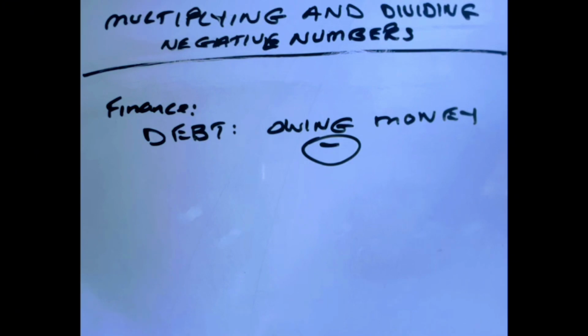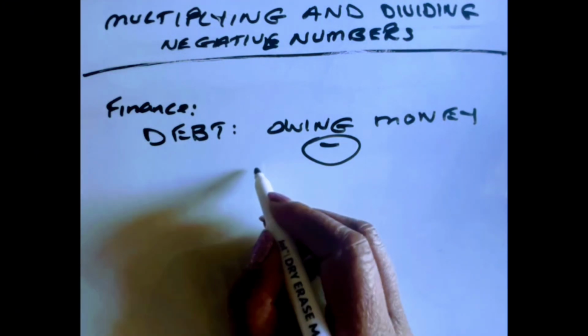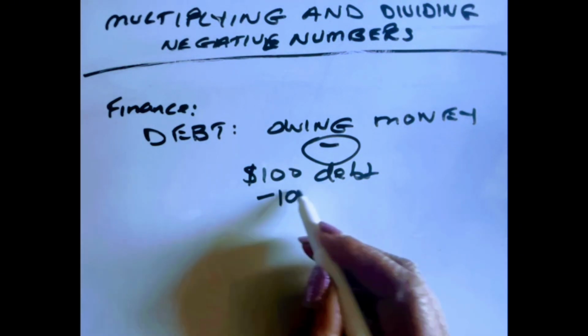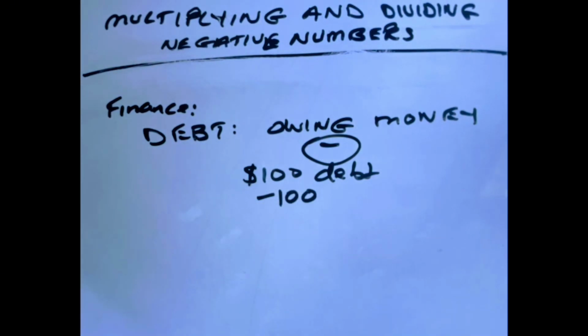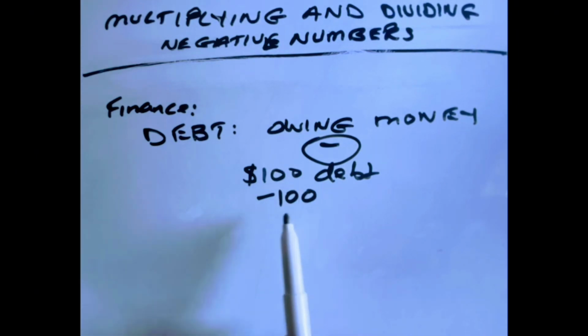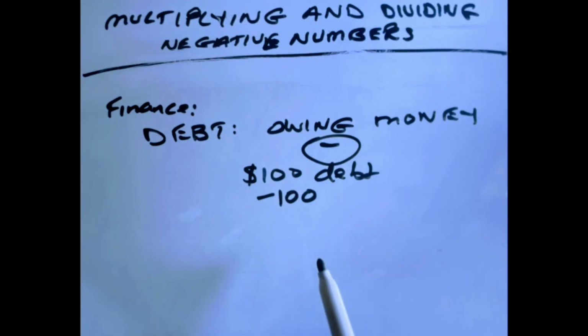So for example, if you have $100 in debt, what that means is that you have a negative 100. That's how the balance is going to show in your bank account.